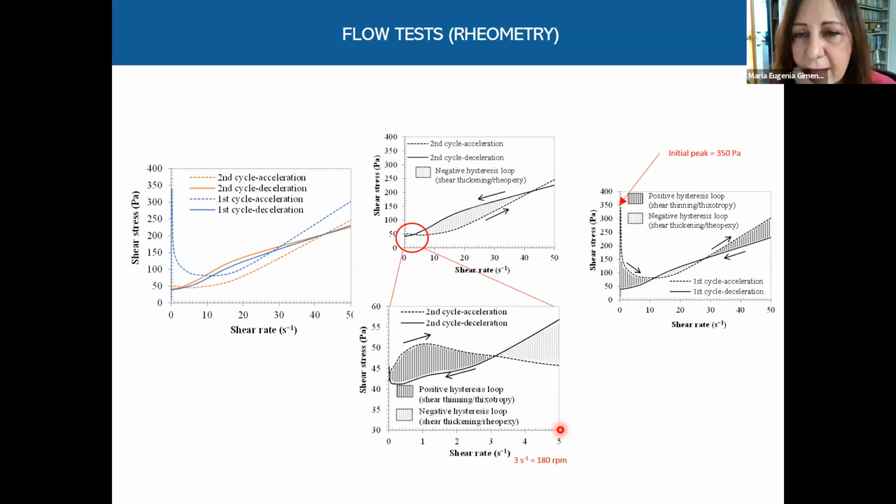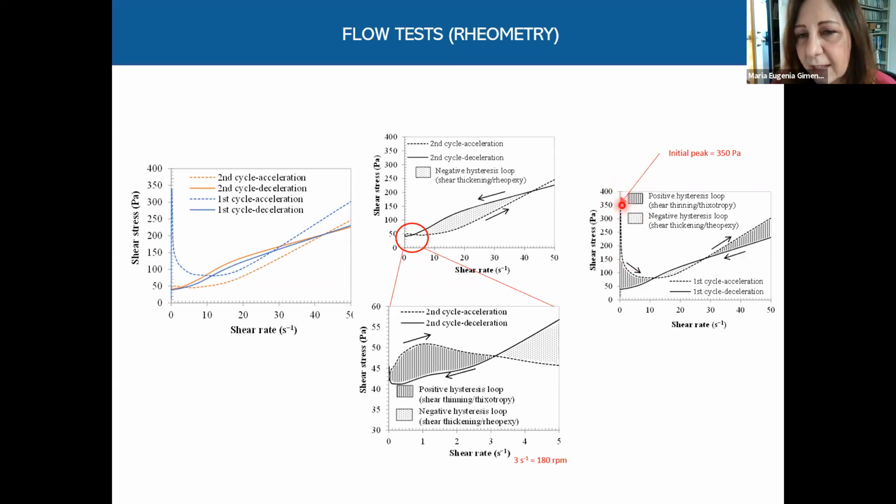And here in the first cycle, we see that there was a rapid increase, a peak in the beginning of the test, and then an abrupt decrease of shear stress. So the time between mixing the sludge at 10,000 RPM and starting the test is almost immediately, the sludge agglomerated again.